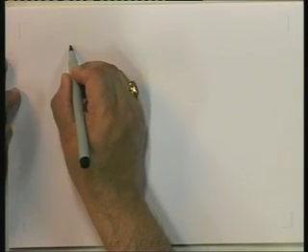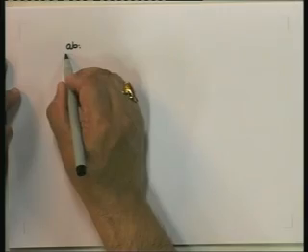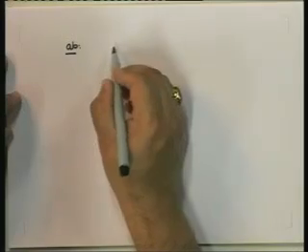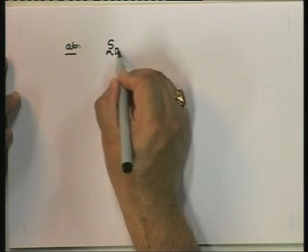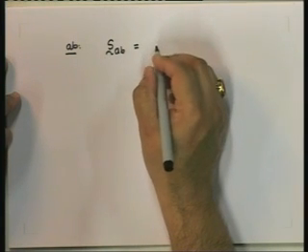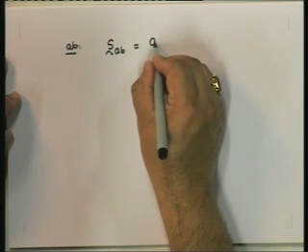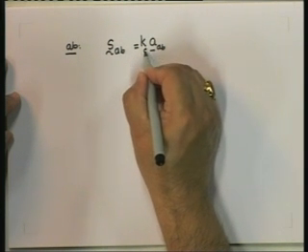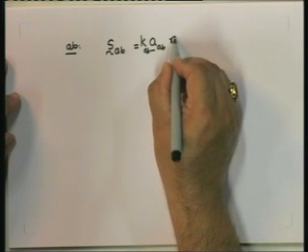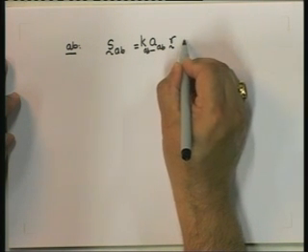So all I have to do now, for each member, is compute the stiffness. Note that in both the cases the fixed end moments are 0, and therefore all I have is directly SAB is equal to theta AB into KAB into R, which happens to be a 1/1.